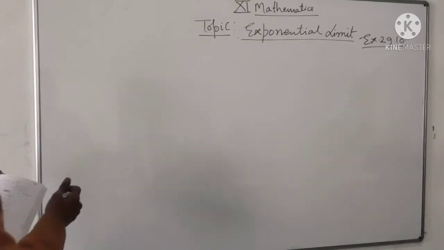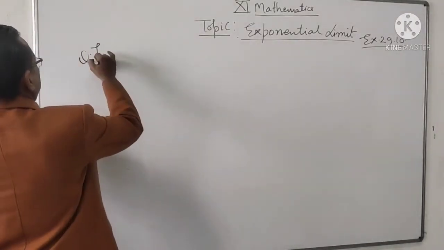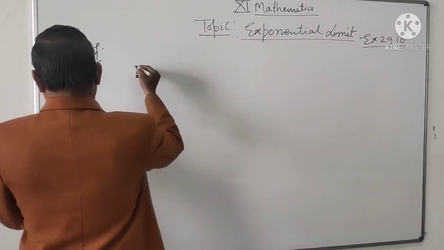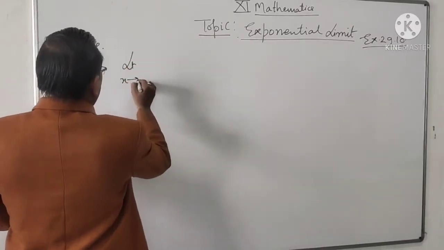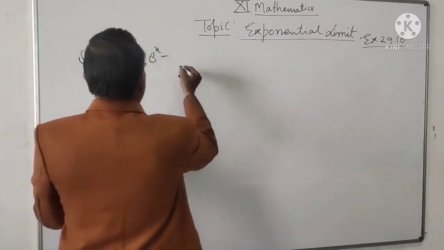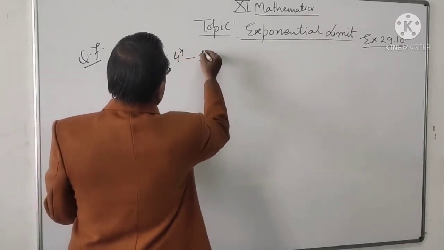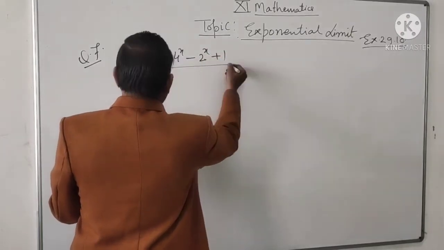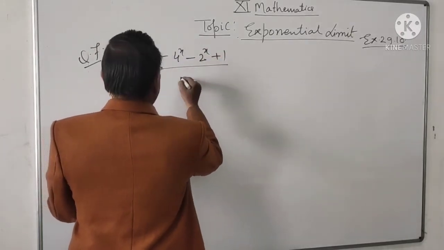Now next is question number 7. Limit x tends to 0, 8 power x minus 4 power x minus 2 power x plus 1 divided by x square.